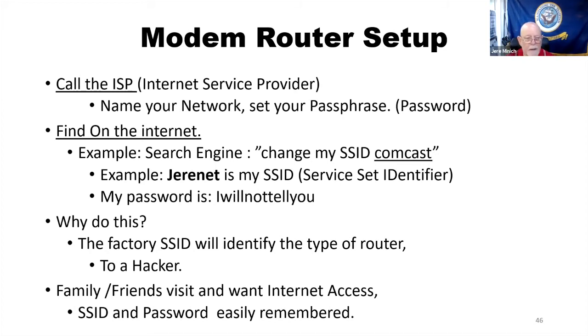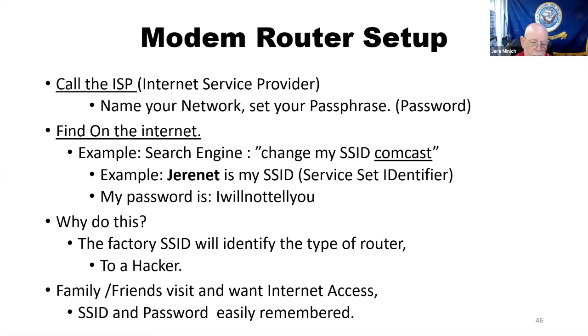So how did I do this? I went on the internet and searched in DuckDuckGo, change my SSID Comcast, because that's the internet I'm on. And I could do it right on the internet without having to talk to anybody else. I changed it and it works fine.